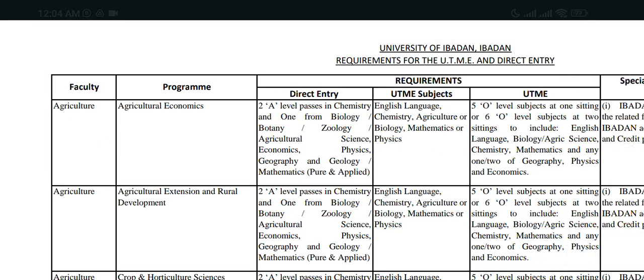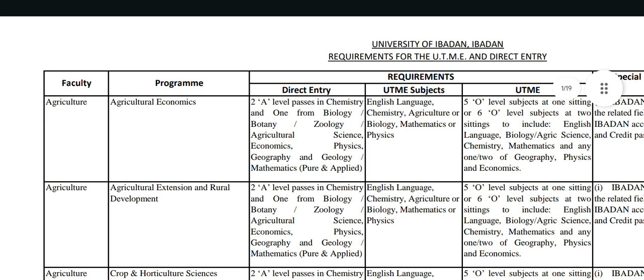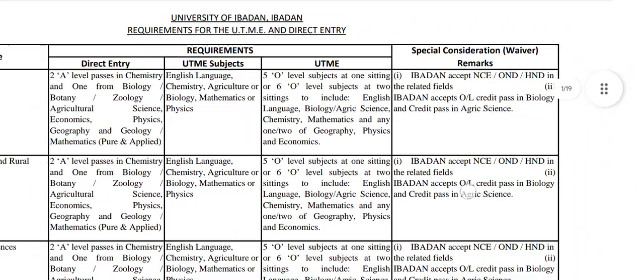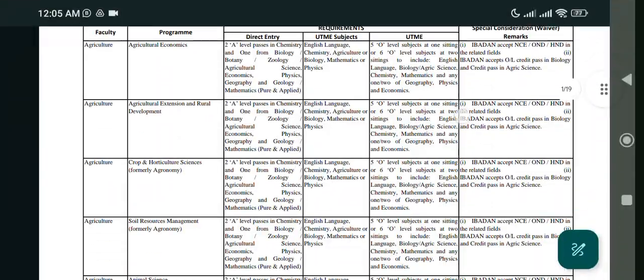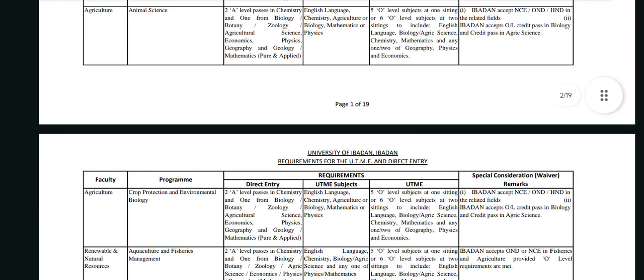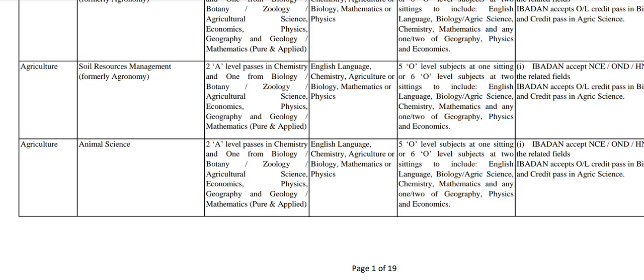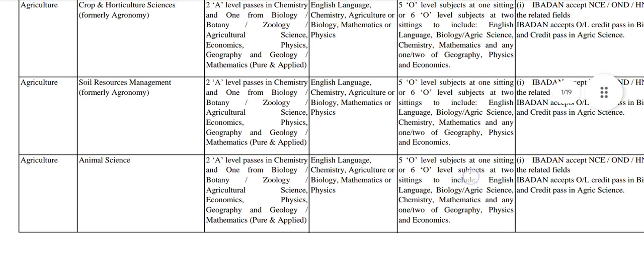So as a direct entry candidate, you have to read every column of these requirements. You have to read it one after the other. So you scroll to check the course you want to apply for. For example, you are applying for animal science.